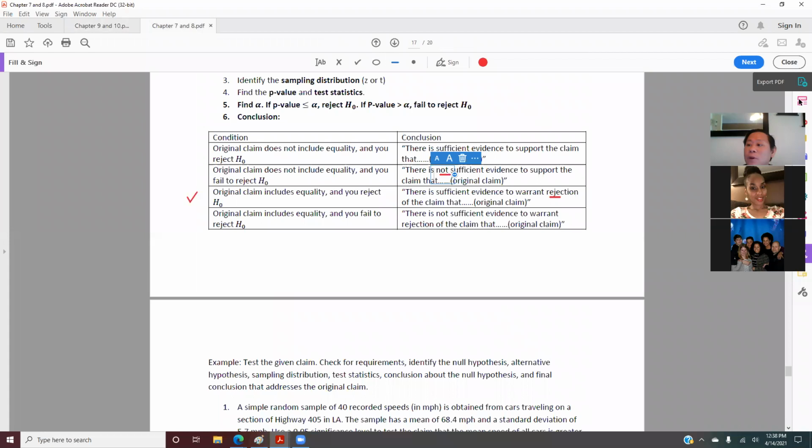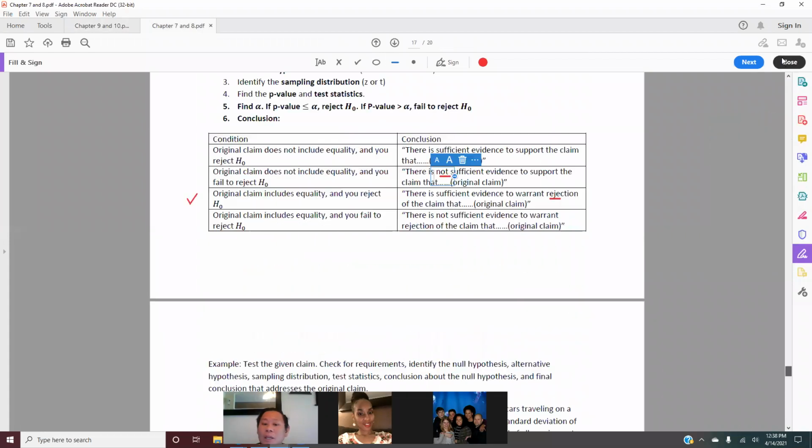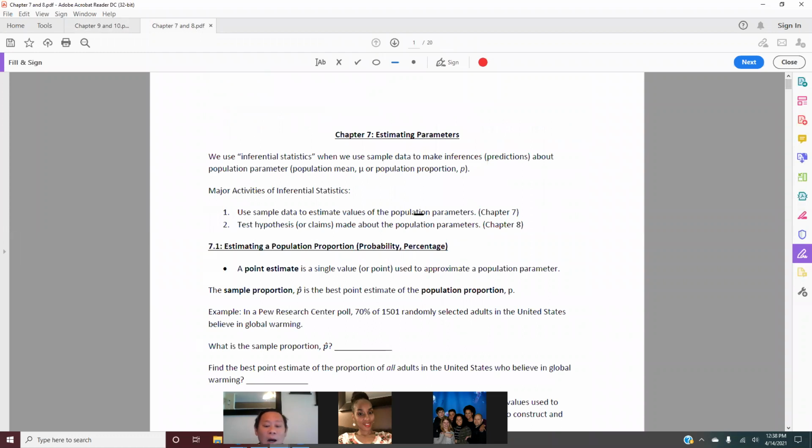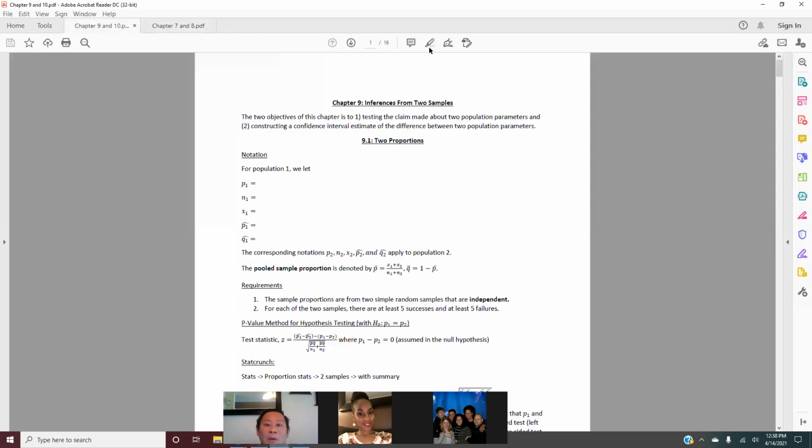So in chapters 7 and 8 we are doing confidence intervals and hypothesis testing, but only for one population, one group. Chapter 9 is where we will talk about two groups, so we are comparing two population parameters.